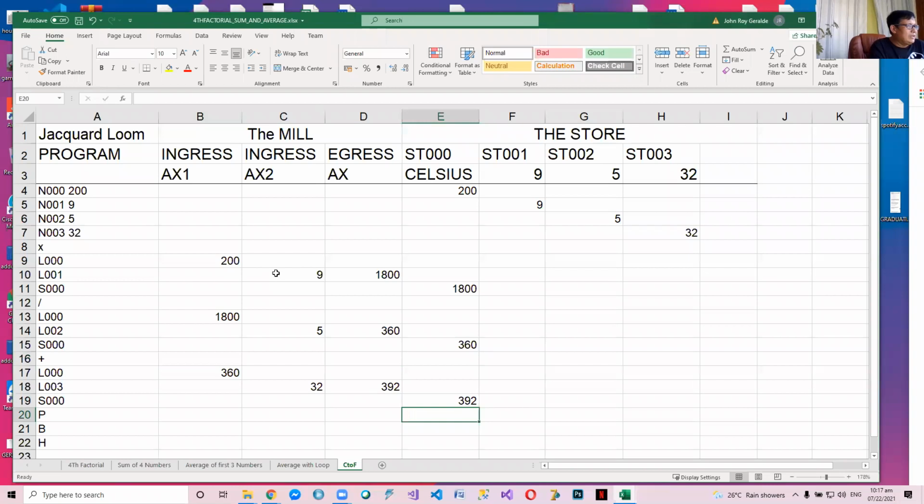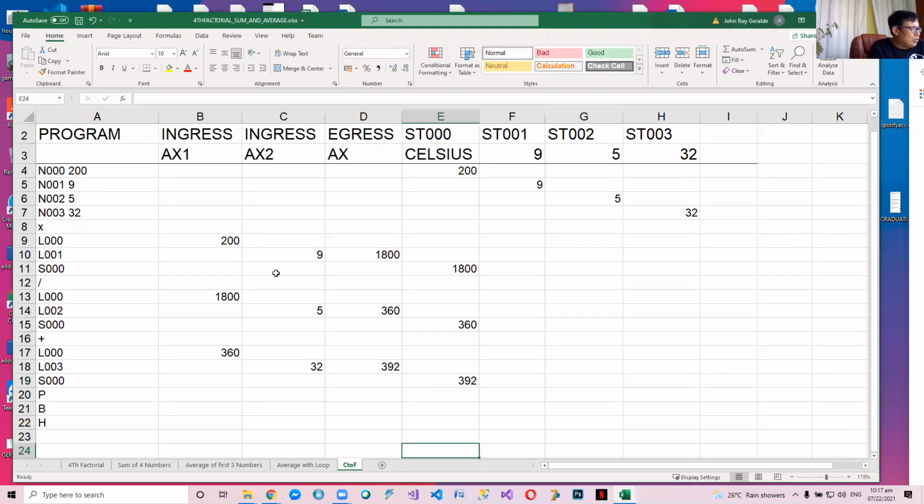So 200 in degrees centigrade or Celsius is 392 in degrees Fahrenheit. We do an EBH. It exits the whole code. This one has no loop, there is really no loop here. Any questions? So we have a version without loop.